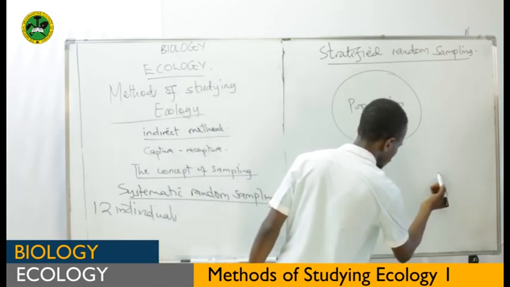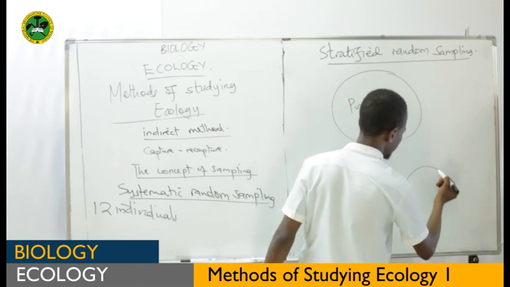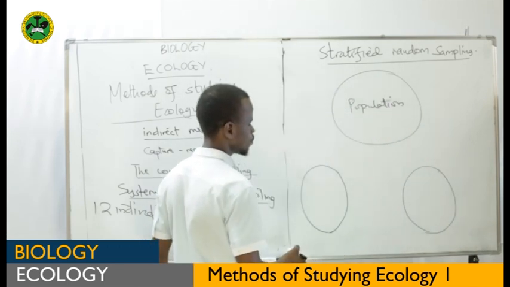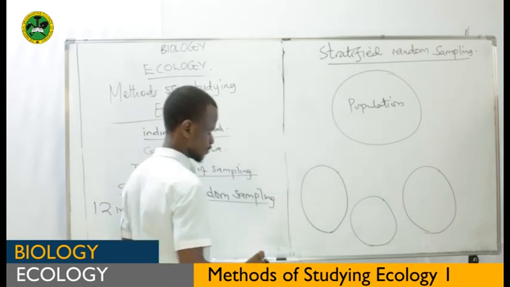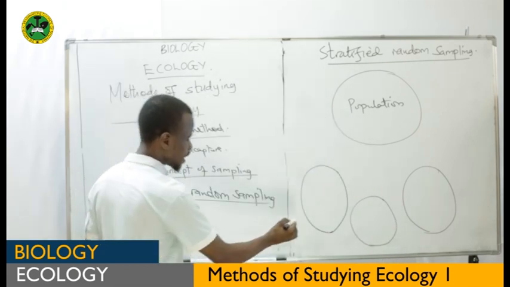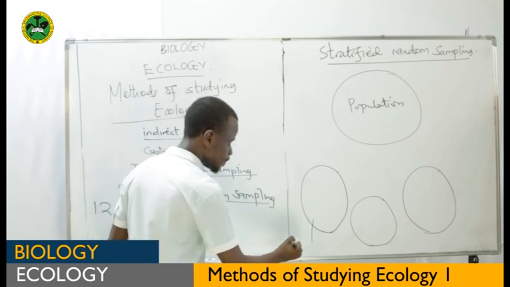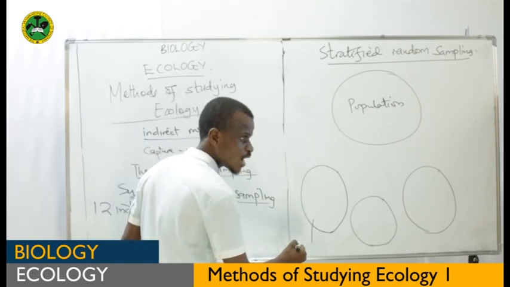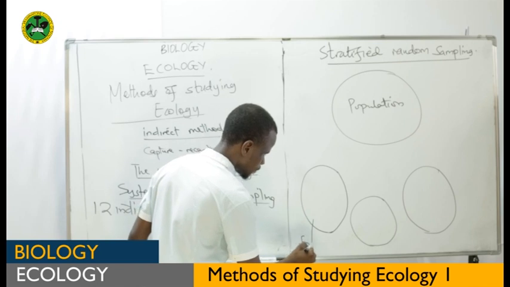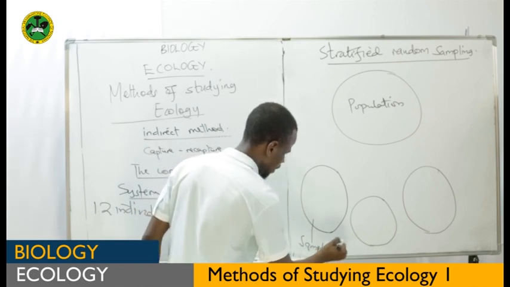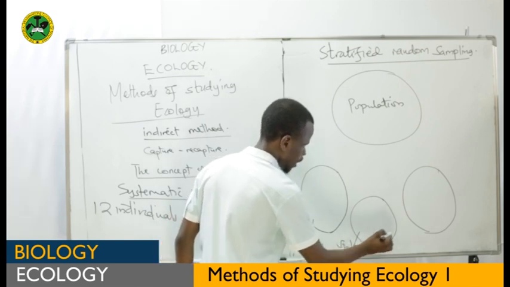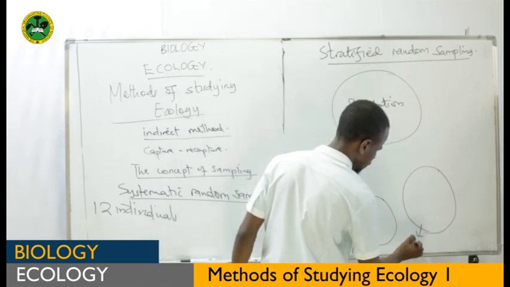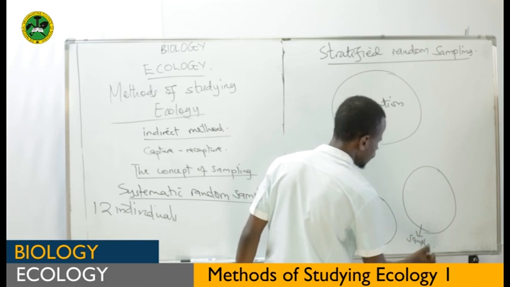This is one subgroup, having individuals of a particular character. This is another subgroup. This is another subgroup. Then from this subgroup, representative members are selected, called sample. Therefore, sample is taken here, sample is taken here, and also sample is taken here. Hope you are following, my student.